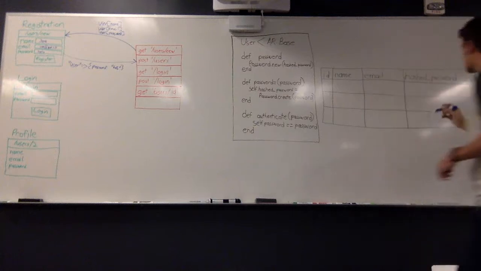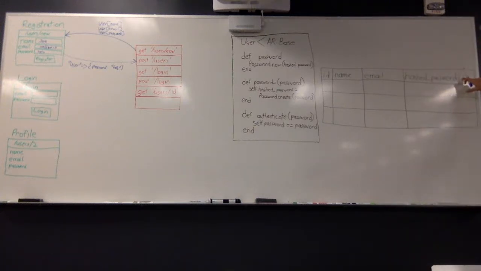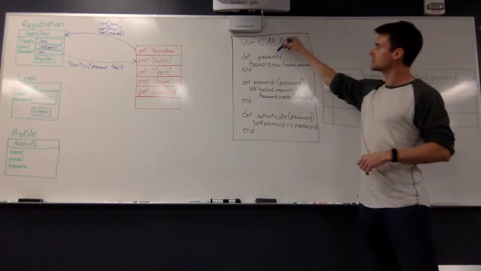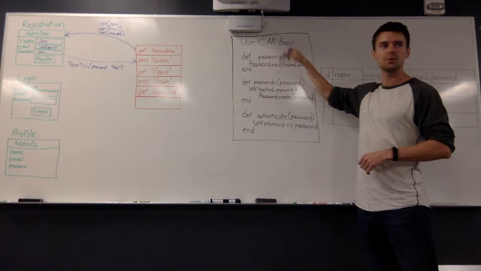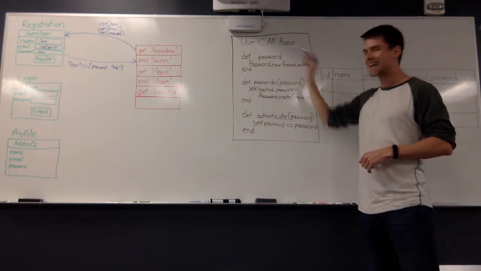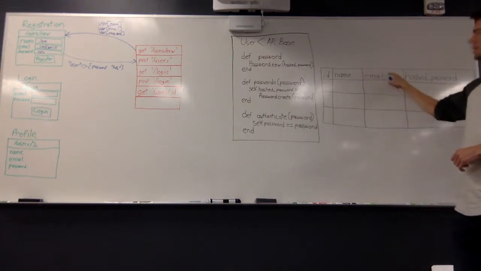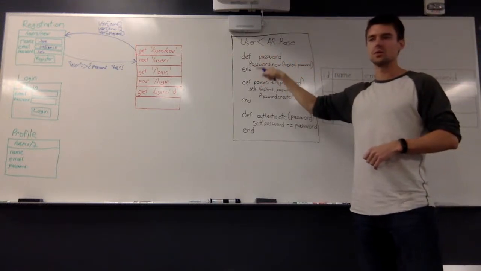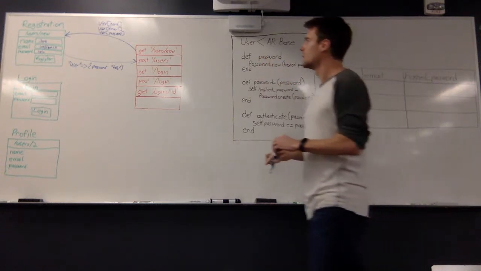Our database has a column called hash password. It does not have a column called password. But to the outside world, since we've created this virtual attribute, you can treat this attribute exactly the same as name or email. We've created the interface, the readers and the writers, right?